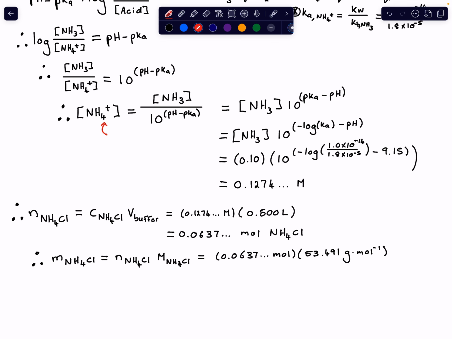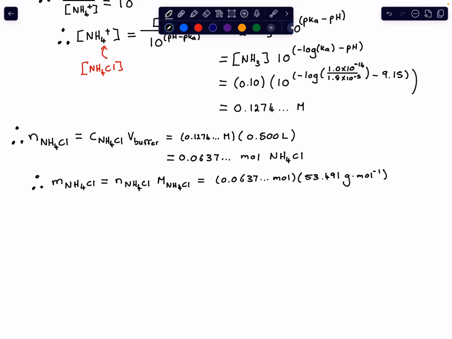Alright, so notice the concentration of the acid NH4 plus, that is what we calculated. If you wanted to never confuse yourself, you can say that is the concentration of NH4Cl, because it's 1 to 1. And then you need to remind yourself that the mass that you are looking for needs to include that of the Cl.